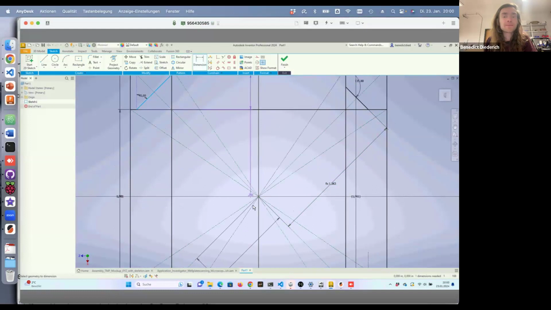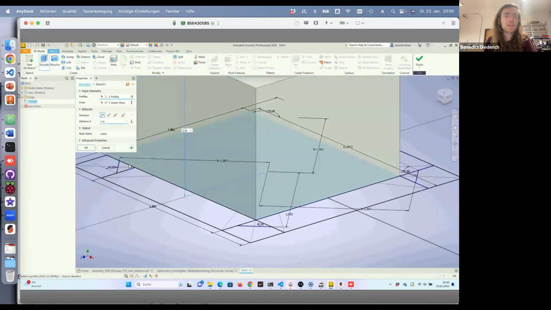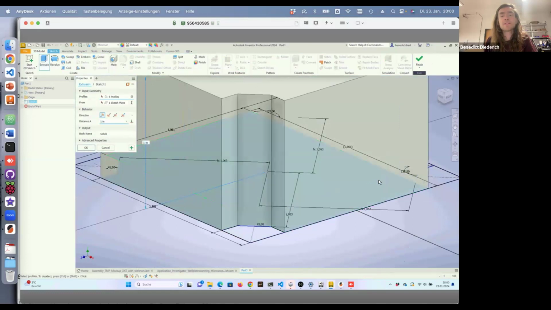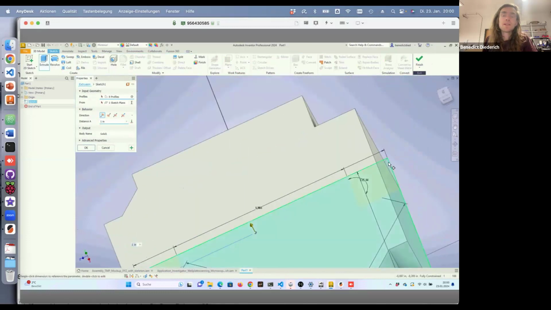So here again, the most important part, so D9, is making the 2D to 3D conversion. Let's see whether Autodesk is smart enough. So there we go. Let's say we want to make it maybe 5 millimeters thick, because the lens is really thin.